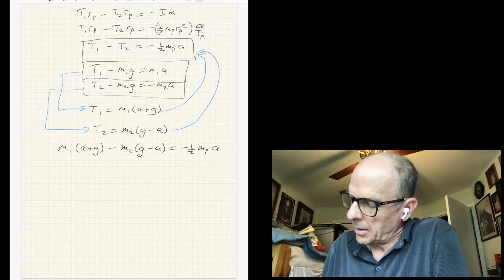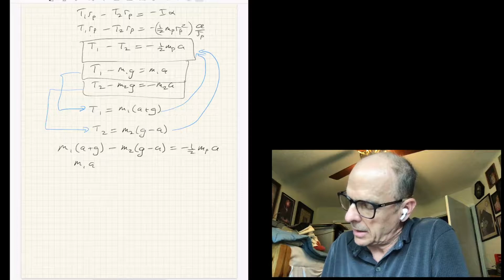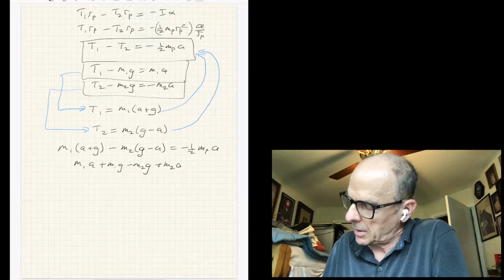So I've got here M1 A plus M1 G minus M2 G plus M2 A, minus times a minus is a plus, 1/2 MP times A equals 0.